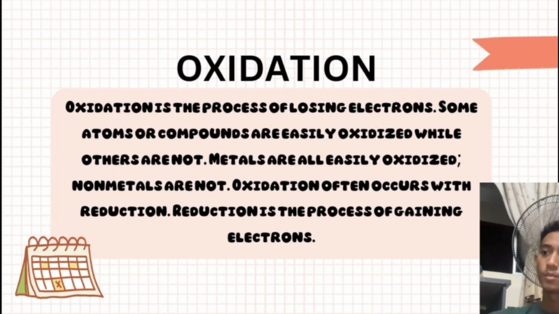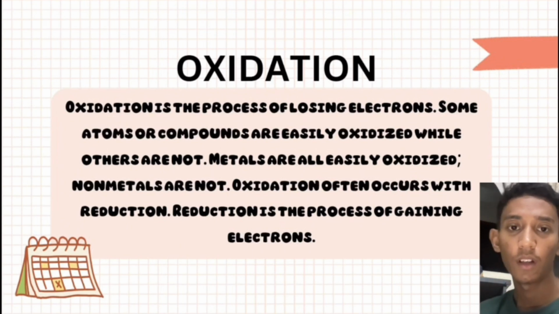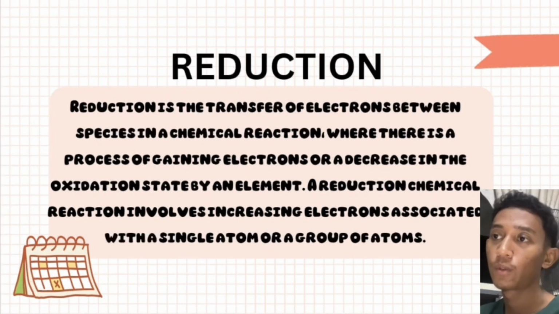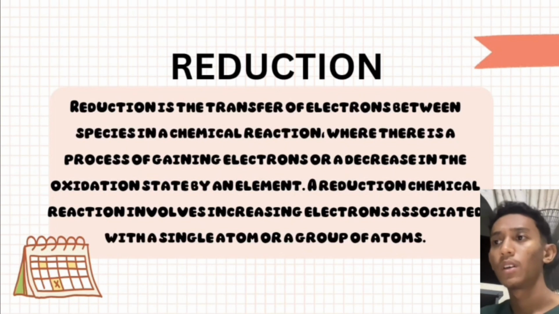Reduction is the process of gaining electrons. Moving to reduction, it is the transfer of electrons between species in a chemical reaction, where there is a process of gaining electrons or a decrease in the oxidation state of an element.